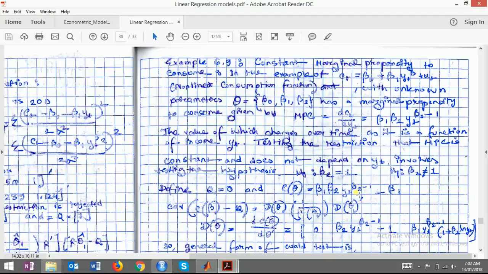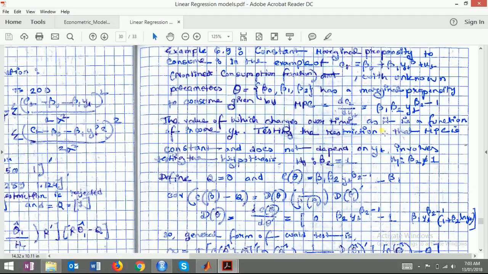This is the number 4 problem which we are dealing with now: c_t equals beta naught plus beta 1 y_t beta 2 plus u_t, a nonlinear consumption function with unknown parameters beta naught, beta 1, beta 2, has a marginal propensity to consume given by this, which is dc_t over dy_t, which is beta 1 beta 2 y_t beta 2 minus 1. The value of this changes over time as it is a function of income y_t.